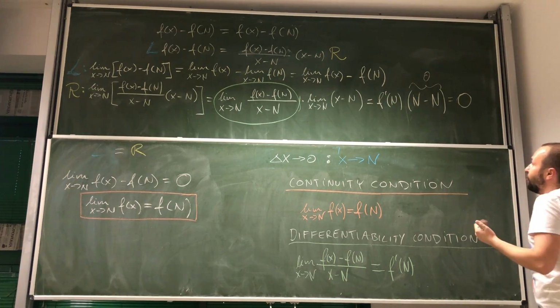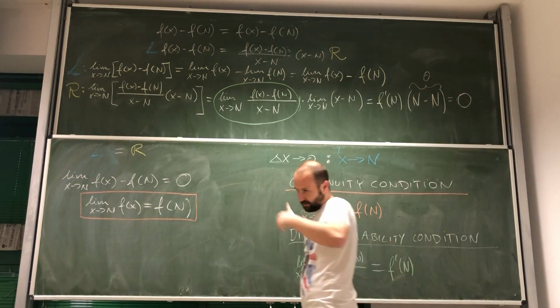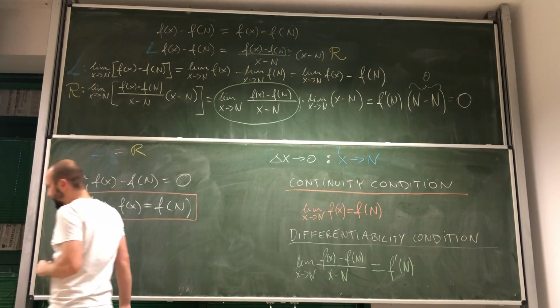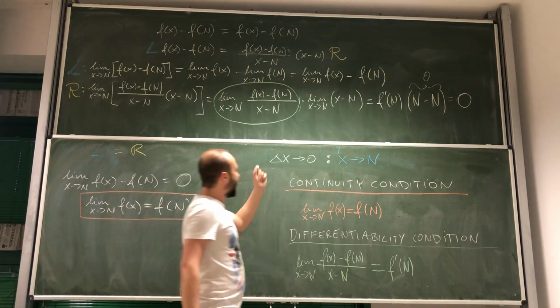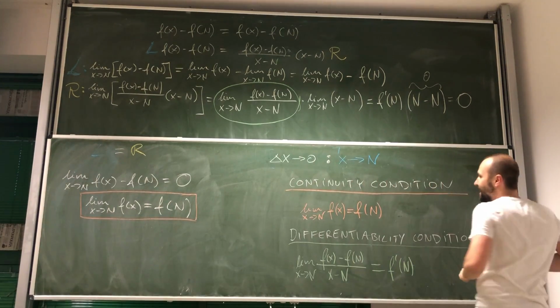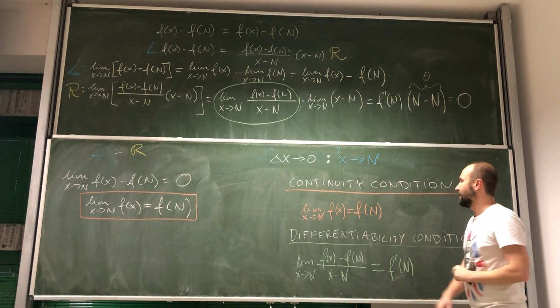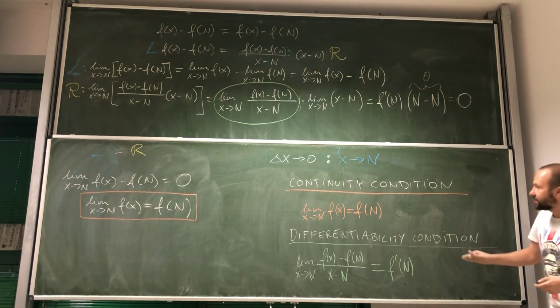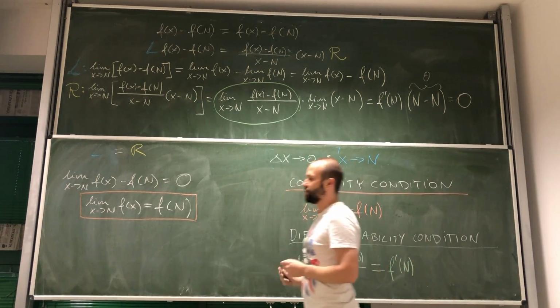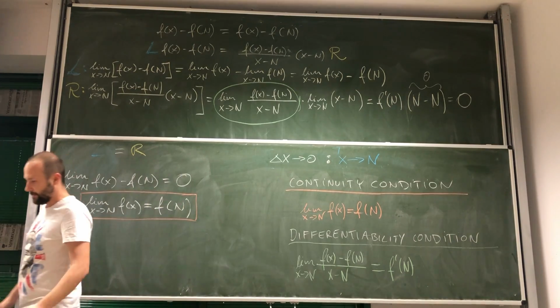Right? Because what if there's no limit? There's infinity, or there is negative infinity. A lot of problems. So look what we get over here. For us to be able to establish this result, which is continuity condition, we needed to have differentiability condition fulfilled.